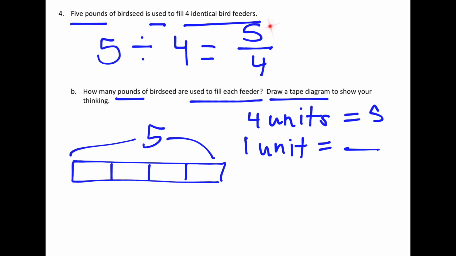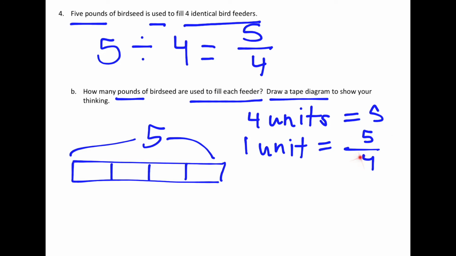Over here. And where do you think this would pertain to this? Let's see. Do we have 4 parts? 1, 2, 3, 4. And how much does this all equal? 5. So the fraction we are dealing with is 5/4. So one unit has 5/4 in it.